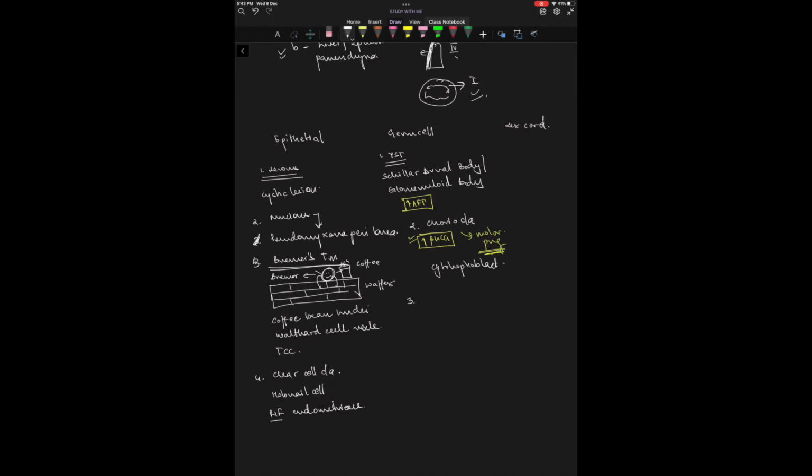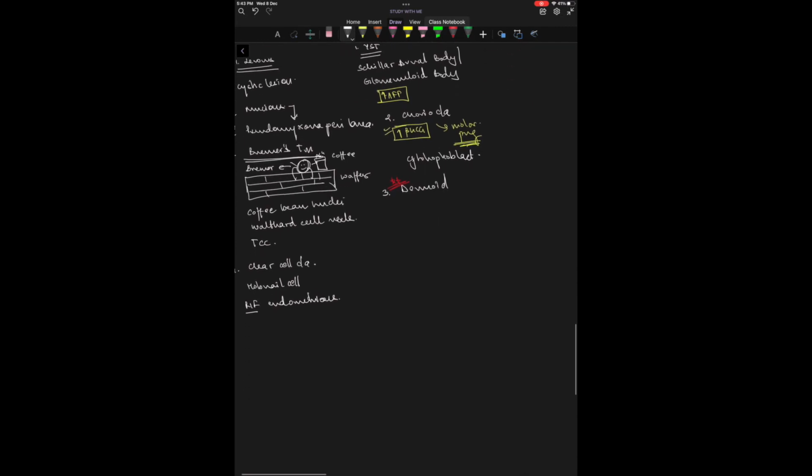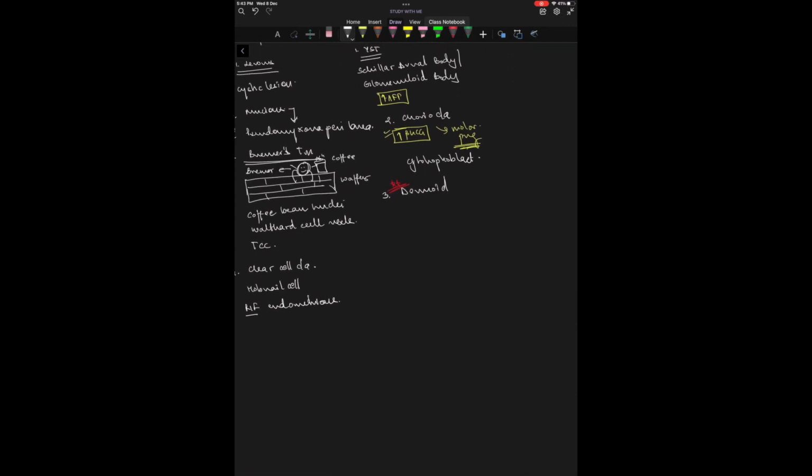Okay, next tumor is dermoid. This is a very important tumor because the examiners like to ask this, it is a very common tumor. You can find it in not every other person, but it is a common tumor in every other person having a cyst or a tumor in the ovary.